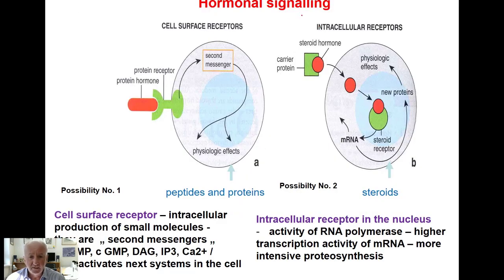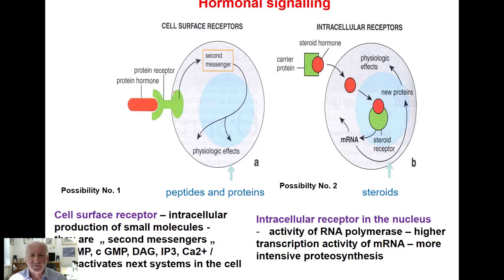Before we start speaking about those endocrine glands, as a small intro, we can also explain the hormonal signaling. That means how the cells can react after gaining the right hormone. For example, peptides and proteins can be attached to the protein receptor, which is in the cell membrane.